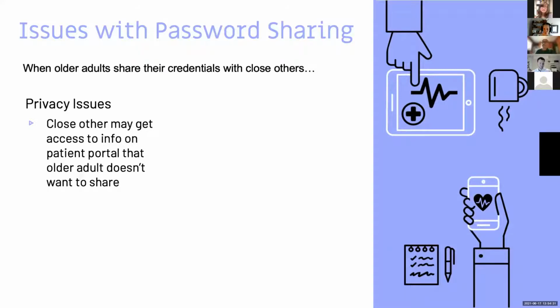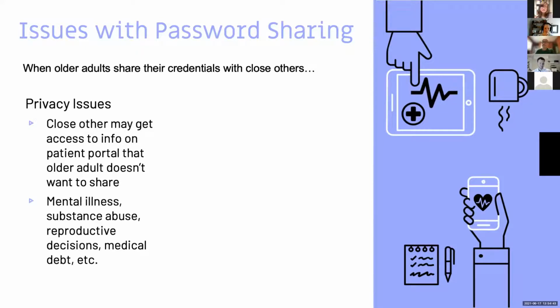So in the patient portal example, it could be stigmatized diagnoses. It could be, in the US, a huge raft of medical bills that are past due, and the patient might not want the close other to know about this. So we see a lot of different aspects of these privacy issues coming into play, especially in the healthcare setting.